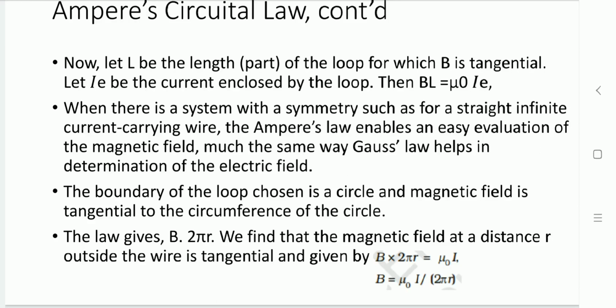Now as the boundary of the loop we choose a circle, and the magnetic field is a tangential component to the circumference of the circle.